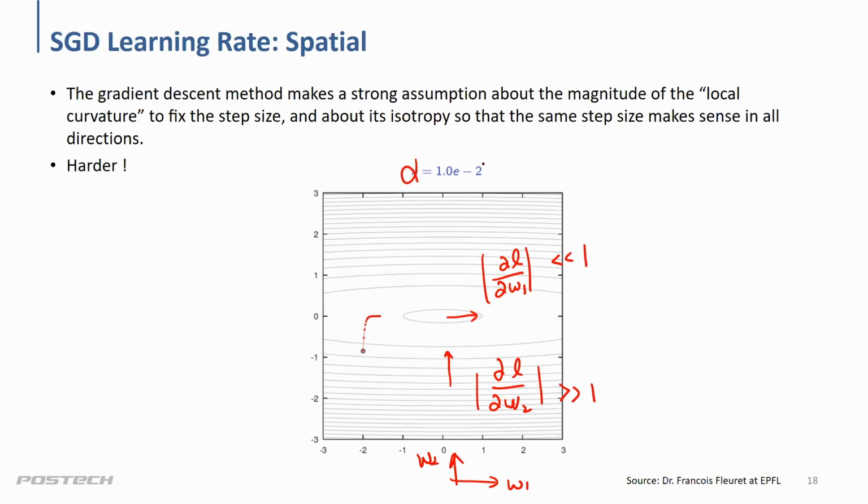So even though we have the same alphas, the updating rate differs: starting from here, in omega 2 directions we updated a lot, but in omega 1 directions it's updating very little. You see what the figure tells us?